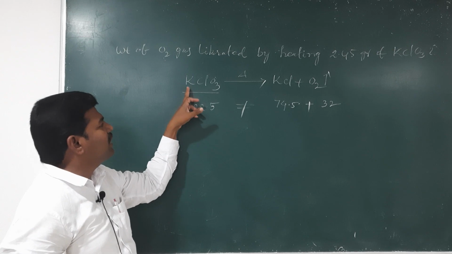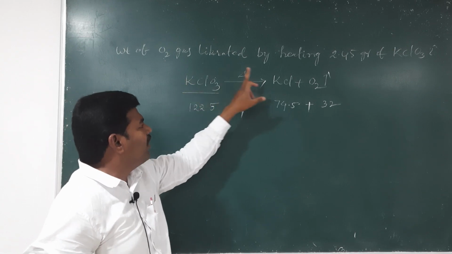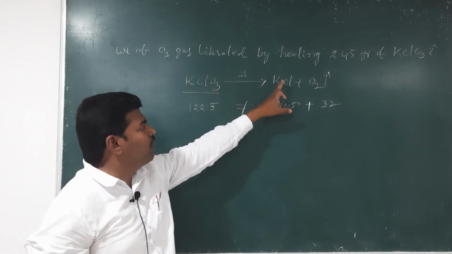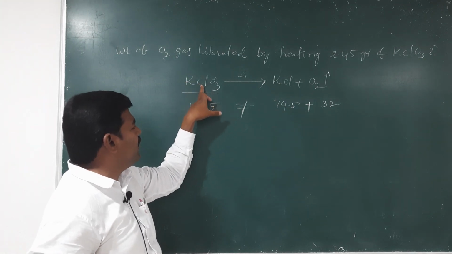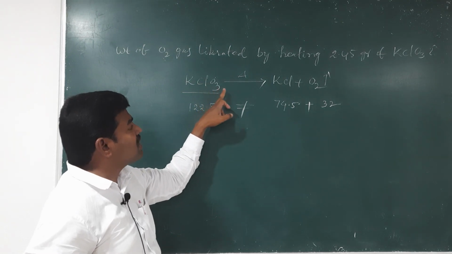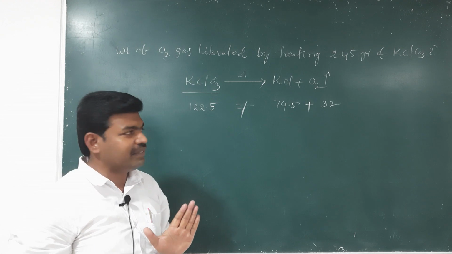And of course potassium, one potassium is there and one potassium there. One chlorine is here and one chlorine is there. So potassium and chlorine are balanced in the chemical reaction, but the number of oxygen atoms are not balanced.